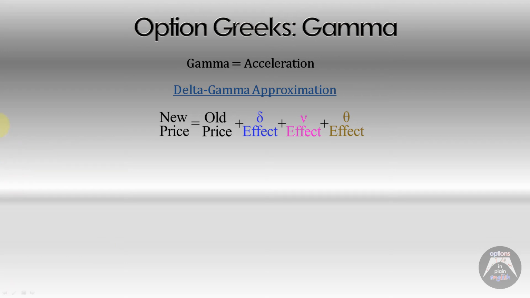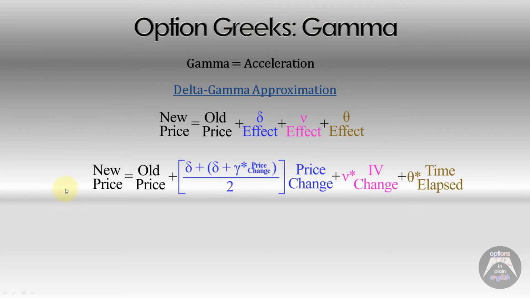So in this case, we'd be talking about what is the price of the option going to be if some of the parameters change. So the new price is going to be the old price plus the delta effect, which is the underlying price changing, plus the Vega effect, something that we haven't talked about, which is the effect of implied volatility changing, and also theta, which is what we already saw in the previous lesson.